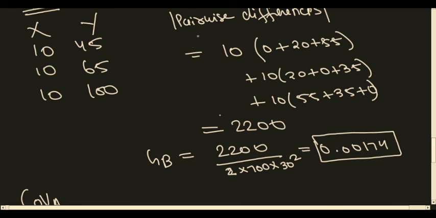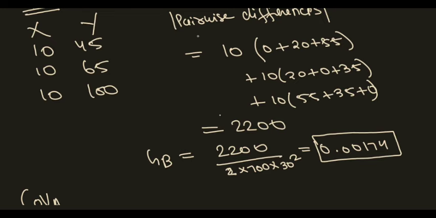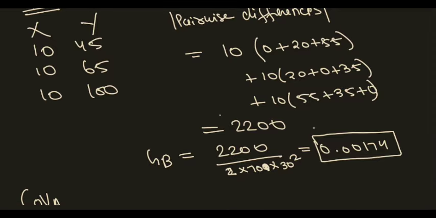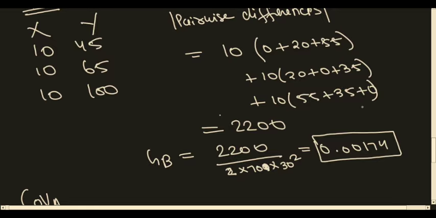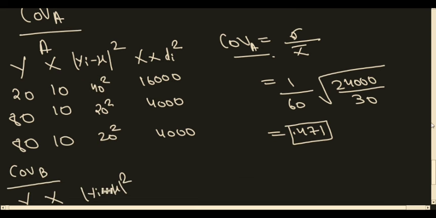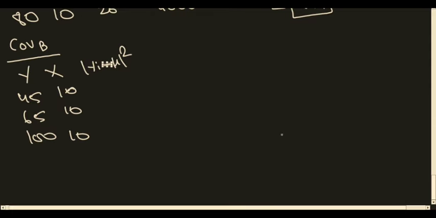It was coming out to be 450 plus 650, 70. So we have made a mistake here. It will not be 700, it is 70 only. So the Gini would be 0.017 only. So the mean income is 70.